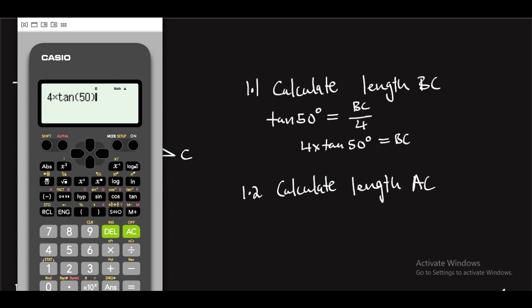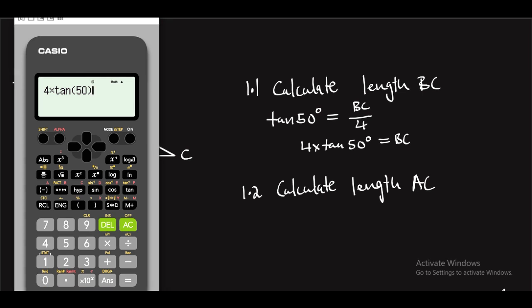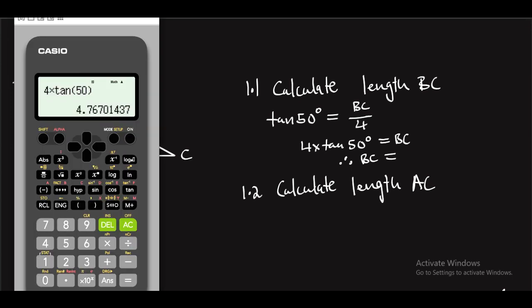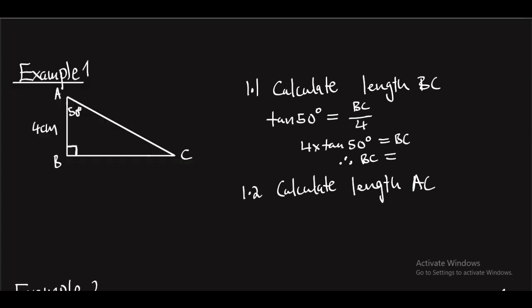Always when you use a calculator, make sure that it's written D for degrees, so that you don't use radians and end up getting incorrect answers. So therefore BC is equal to 4.77 centimeters. 4.77 centimeters. What about AC? They say we must calculate AC.